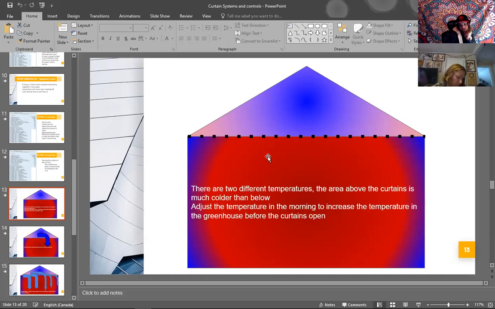So diffusion occurs, from high energy states to lower energy states. We're going to get some airflow all the time from below the curtains to above the curtains. Maybe not enough, but we're always going to get some, as long as there's a large temperature difference from above to below.